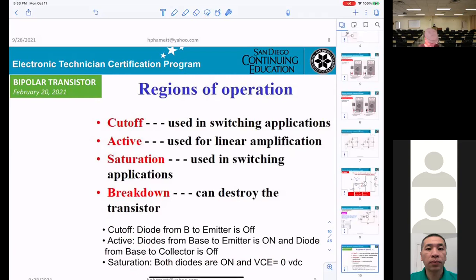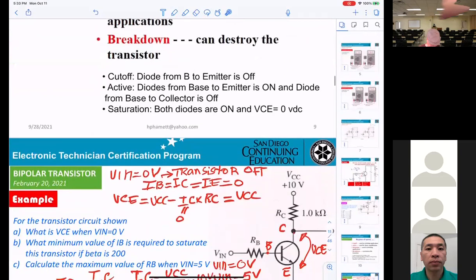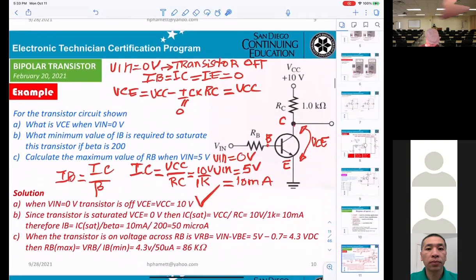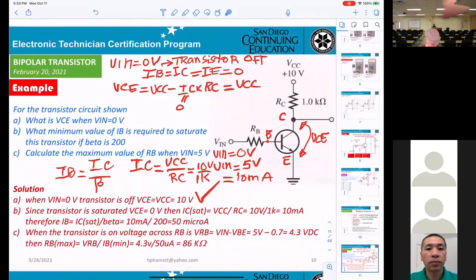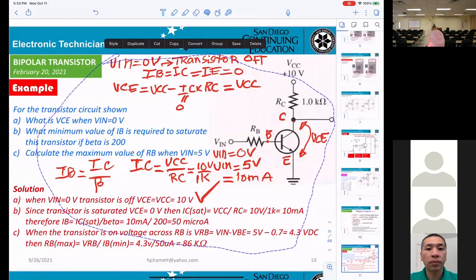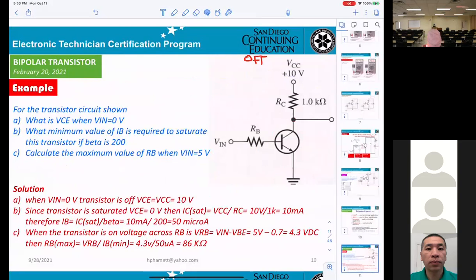But it's not the problem. This is just basically calculation. We already went through it.